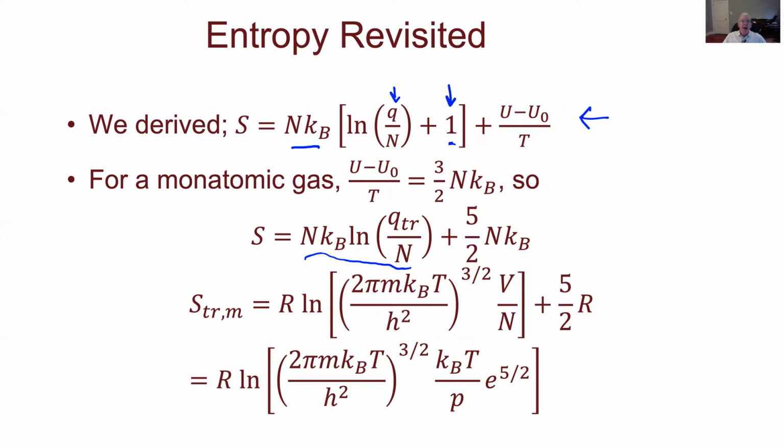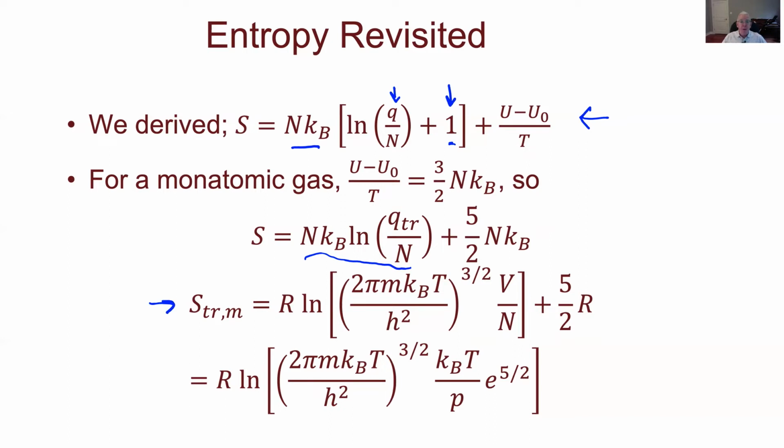Okay. If I take that, I can do a little bit more to it. In the next line down here, we've labeled the entropy as the translational entropy, and we've changed it to a molar quantity. The m is for molar. When we do that, the number of particles N becomes Avogadro's number, and Avogadro's number times Boltzmann's constant is R. Another way to think about that is Boltzmann's constant is R, the gas constant, but in terms of a single molecule instead of a mole.